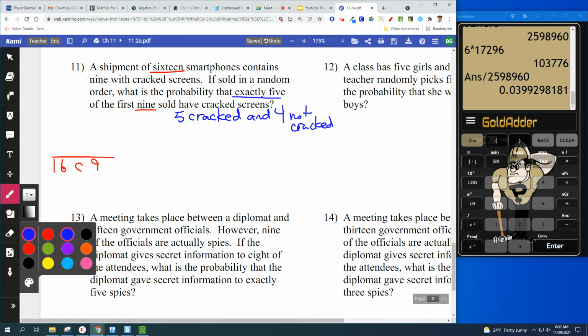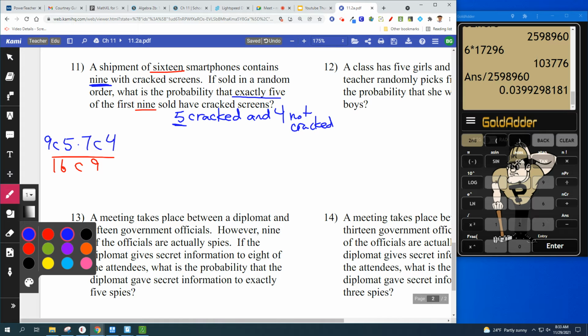We want 5 cracked out of 9 cracked. So that's 9 choose 5 to get the cracked. Now we want 4 that are not cracked out of how many that are not cracked? There are 7 that aren't cracked, and we're picking 4 out of those 7.